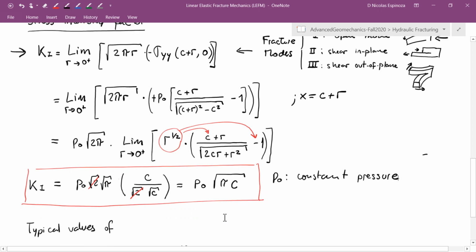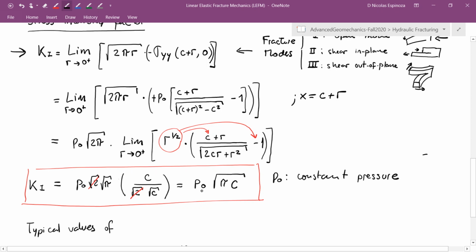One more thing here, before we go into typical values of the fracture toughness, notice that the stress intensity factor depends not only on the pressure inside the fracture, but also very importantly on the length of the fracture.